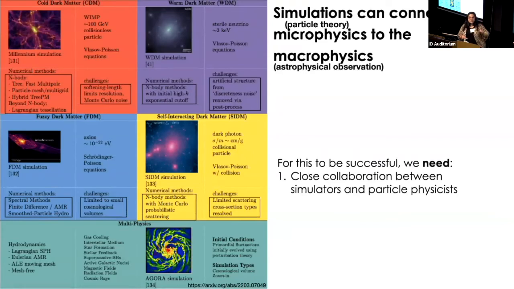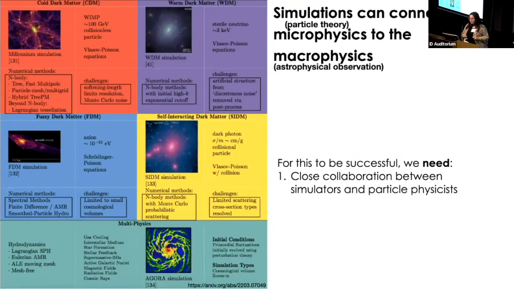It connects it to the particle theory driving that model, and it also addresses some of the challenges that we are currently facing. And what I also love is that we did not forget my favorite part, the baryons, right? And so understanding the baryons, doing code comparison tests like Agora are definitely a necessity.